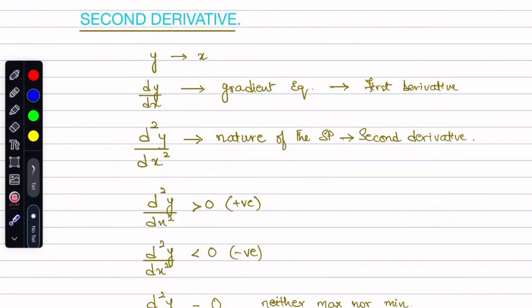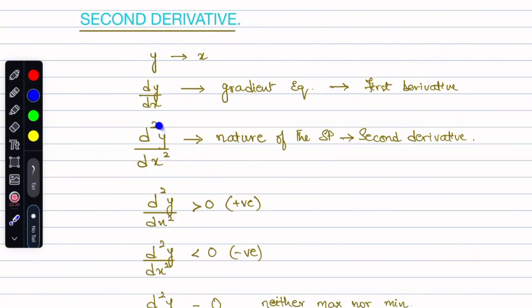We will be differentiating y with respect to x to get dy by dx, which gives us the gradient equation for the curve. Now, if I need to differentiate this first derivative dy by dx, then this is called the second derivative, and we write it as d2y over dx square, with a 2 on d, y, and a square on x.